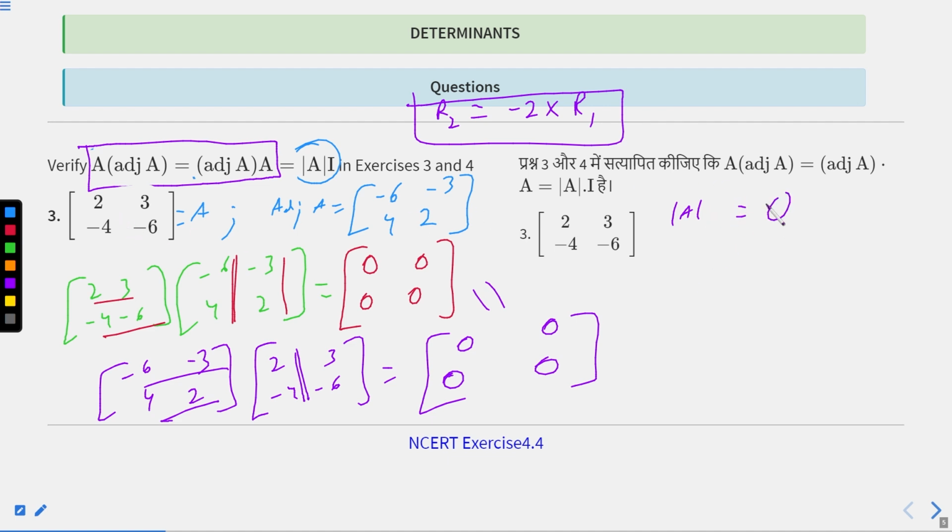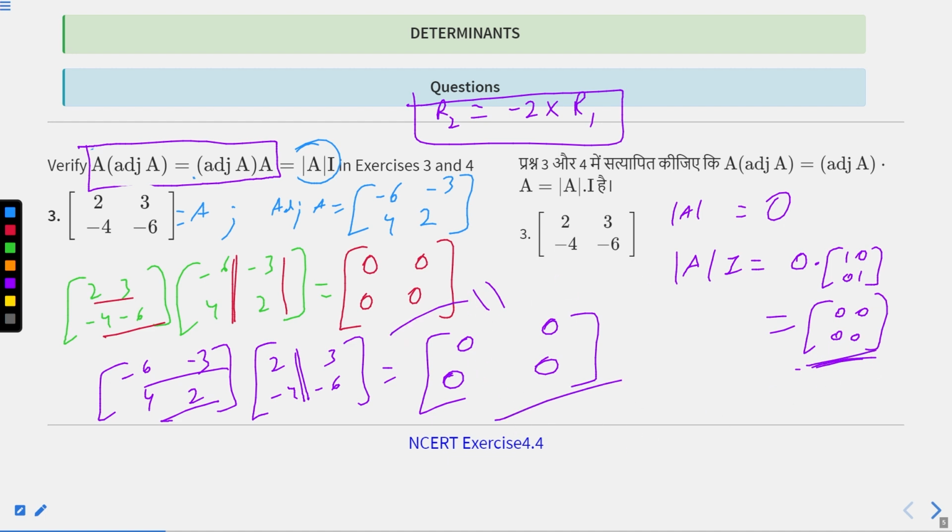So determinant of A will be 0, and 0 times the identity matrix will give me a 0 matrix. So we verified. As you can see, this is 0 matrix, this is 0 matrix, and this is also 0 matrix. All are equal to each other. Okay, clear?